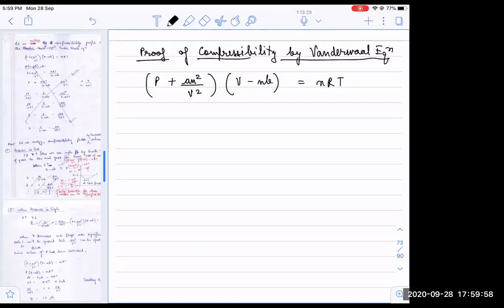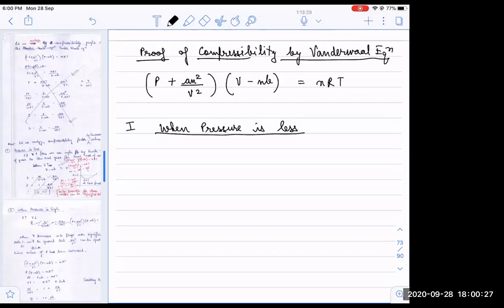Now, when we are doing the proof of compressibility by Van der Waal equation, we are splitting it into two regions, section 1 and section 2. Section 1, which we did, was when pressure is less. Initially, the pressure was less, where the gases didn't solidify or liquefy.